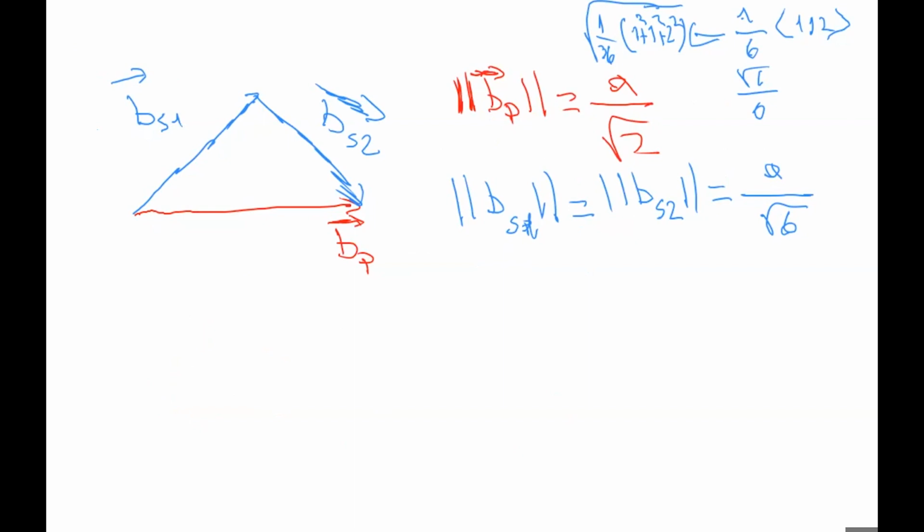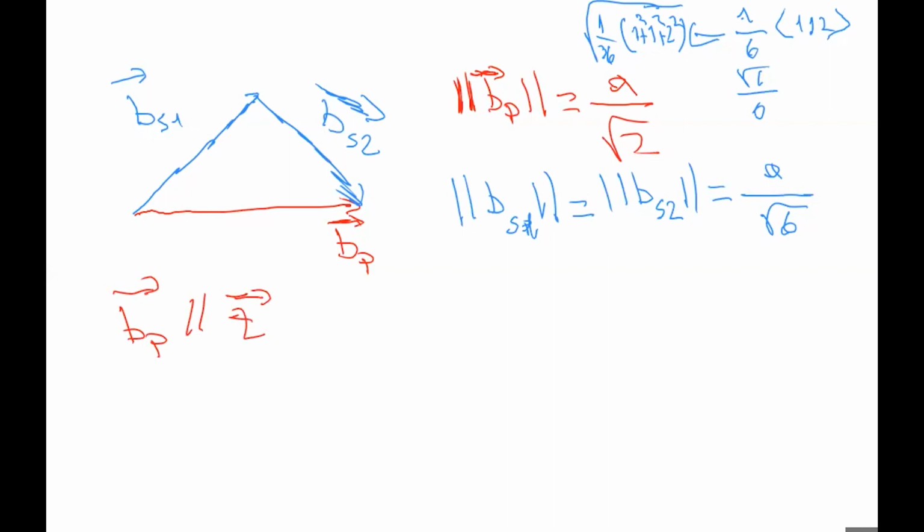Perpendicular. So for edge dislocation, the Burgers vector is perpendicular to the tangent vector, but for screw dislocation, they are parallel to one another.